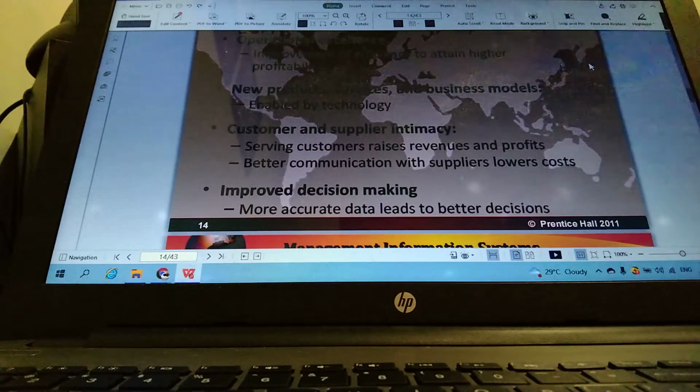Customer and supplier relationships have been improved completely by having new, better, much more advanced systems. An example is the enterprise system, specifically the customer relationship management system, CRM, or any other enterprise system. And also IT systems have been a key factor in improving decision making.